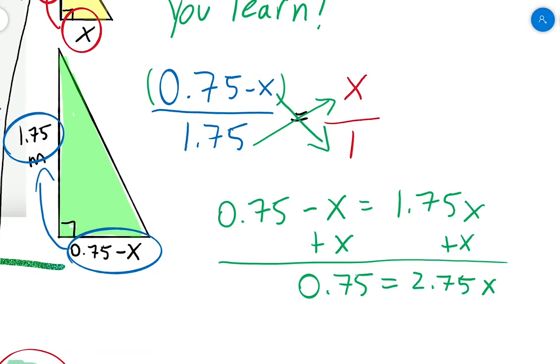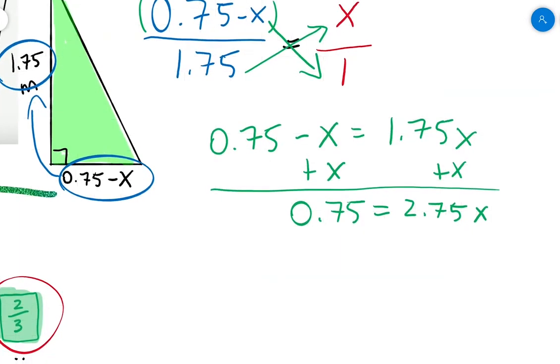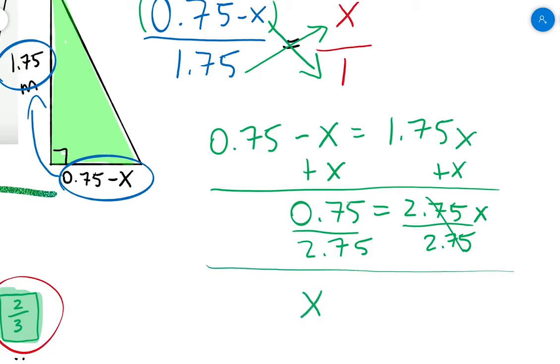Okay? And then finally, we will divide both sides by 2.75. And we get x equals 0.75 divided by 2.75. I got 0.27272727.